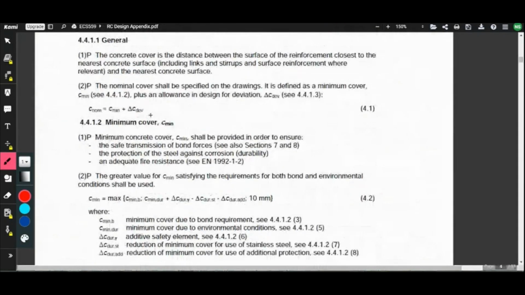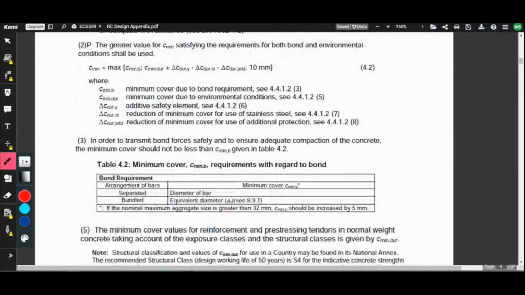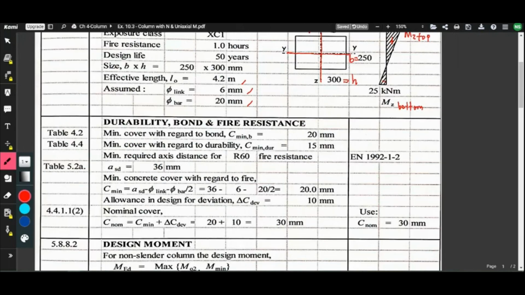Equation 4.1: Cnom equals Cmin plus delta Cdev. For Cmin,b, the minimum cover with regard to bond, we refer to table 4.2 for separated arrangement of bars. The minimum cover would be the diameter of the bar. Diameter of bar is 20, so Cmin,b is 20 mm.